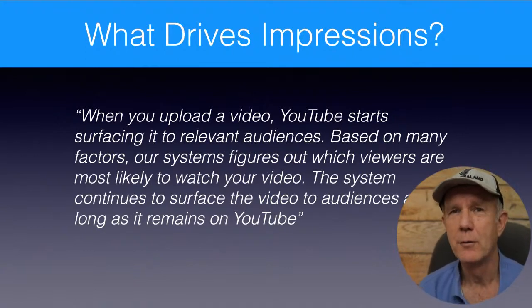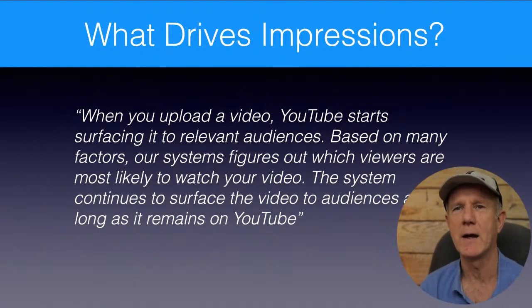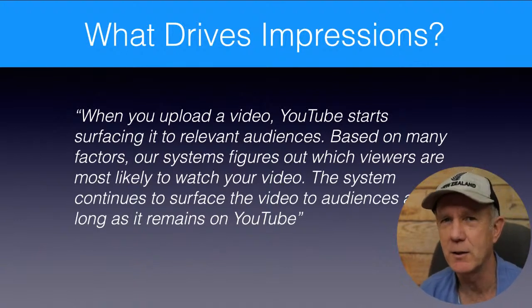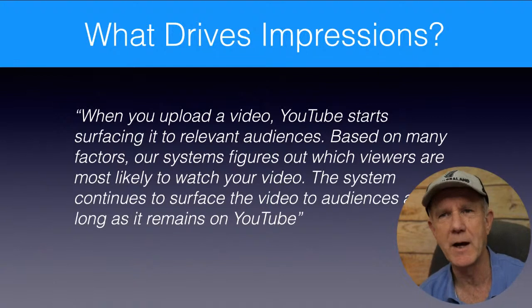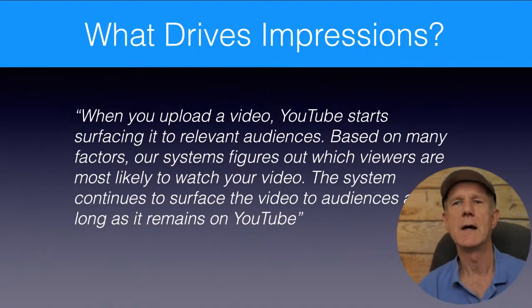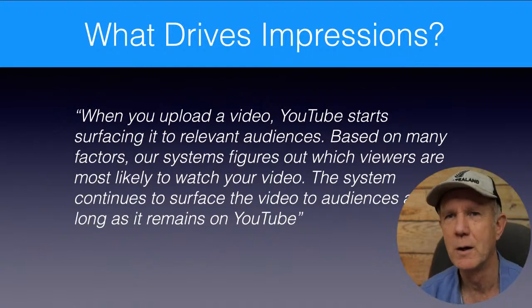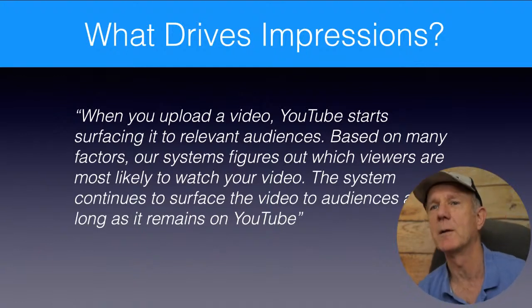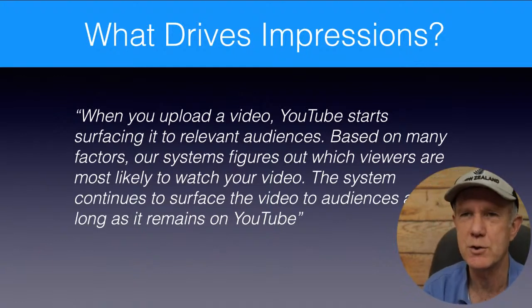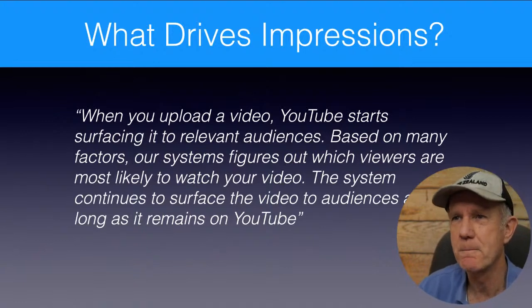So if you find videos on your channel that are getting a lot of traffic, then double down on those videos and try to make a similar video so you can get people coming back to watch more of your content.